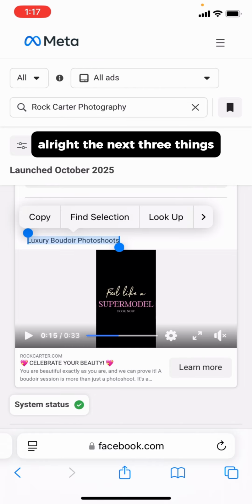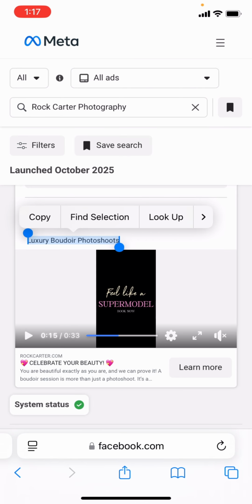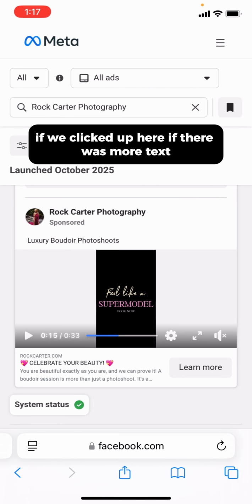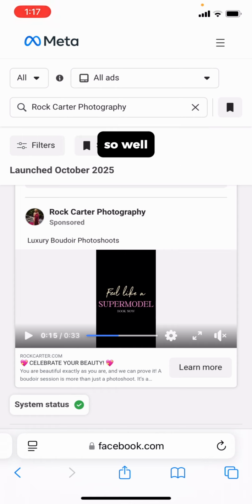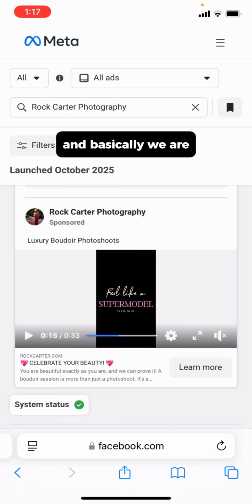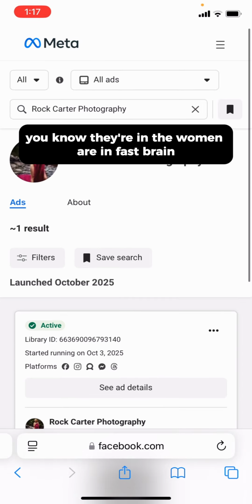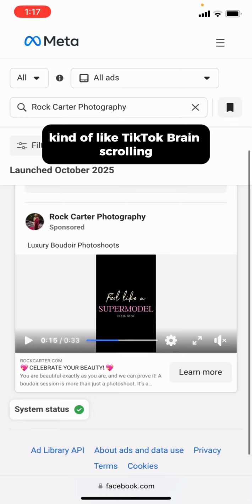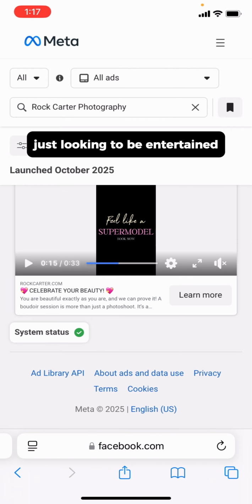All right, the next three things in the ad are in the ad body copy, which, if we clicked up here, if there was more text, it would open it up, but we don't have that. So we'll imagine there's a big wall of text for our ad body copy. And basically the women are in fast brain, kind of like TikTok brain scrolling, not looking for anything in particular, just looking to be entertained.